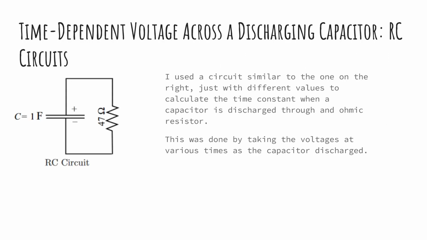Finally, the time-dependent voltage across the discharging capacitor in RC circuits. I used a circuit similar to the one on the left, just with different values, to calculate the time constant when a capacitor is discharged through an ohmic resistor. This was done by taking the voltages at various times as the capacitor discharged.